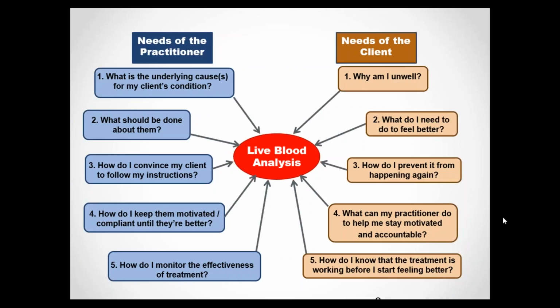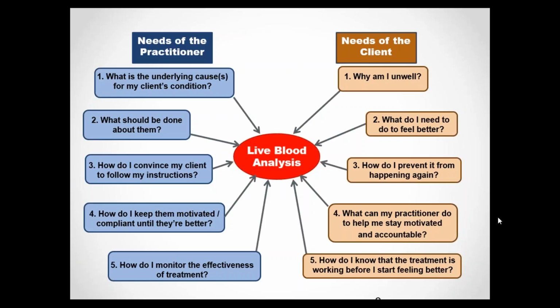So we mentioned that it is a technique used by many natural health practitioners to assess the health of their clients and to identify a number of underlying imbalances that may be contributing, and are often the underlying cause, to their client's state of health.